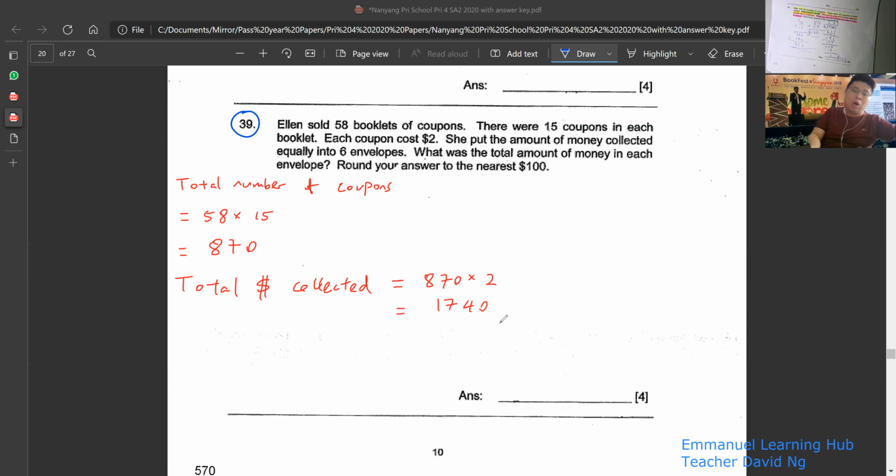So the total amount of money collected is 1740. Then this amount of money was divided into 6, right? So what's the answer?